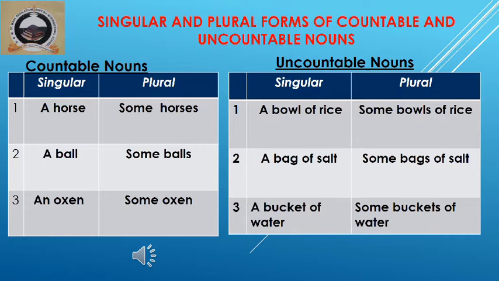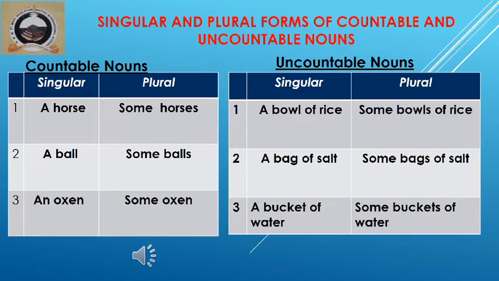Now the singular and plural forms of countable and uncountable nouns. For countable nouns, the singular form usually doesn't take s, es, and so on and so forth. We have a horse. The plural form takes es, so we have some horses.